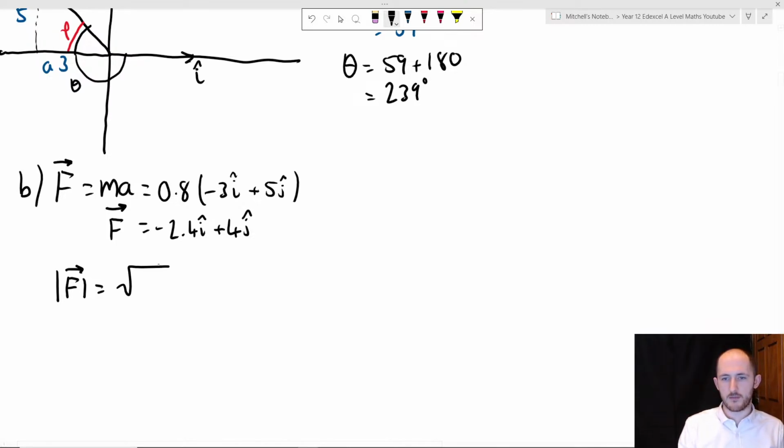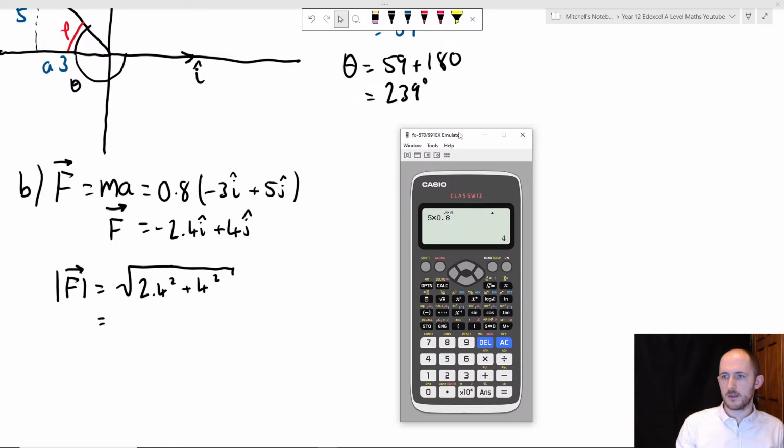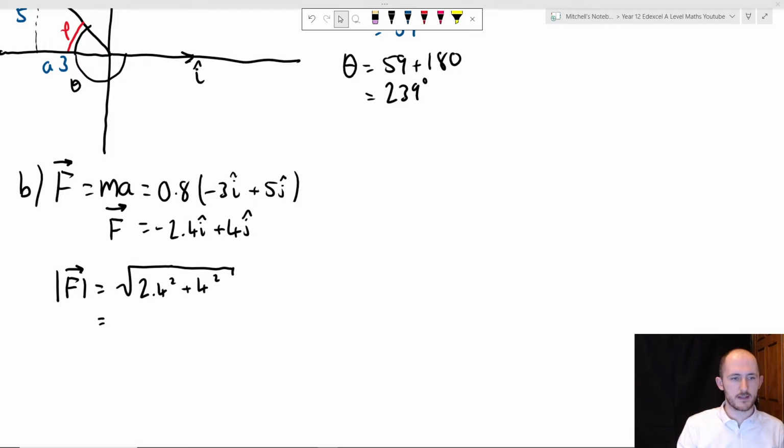And we get the square root of 2.4 squared plus 4 squared, and that will give us our answer of 4.66 newtons. Do 3 significant figures.